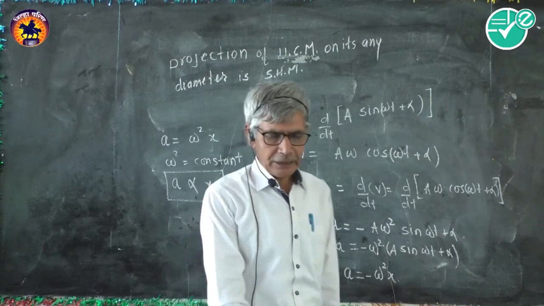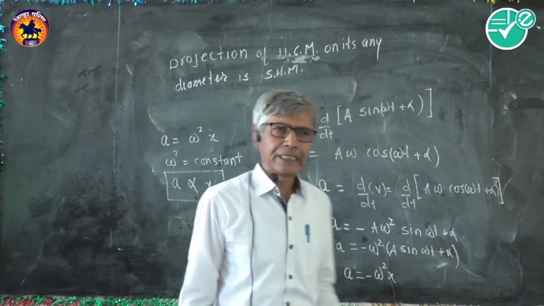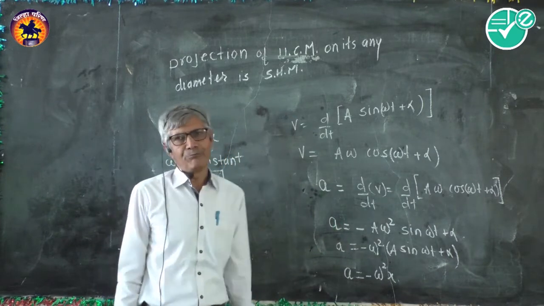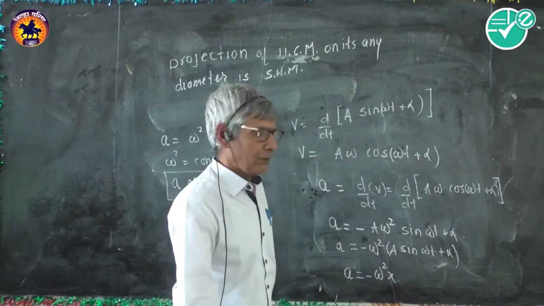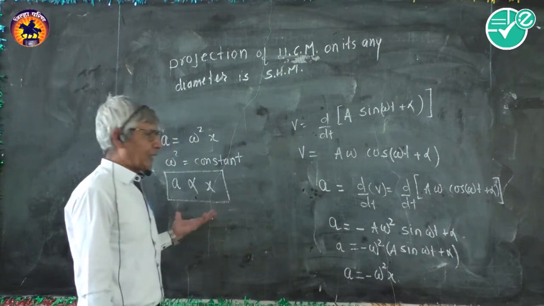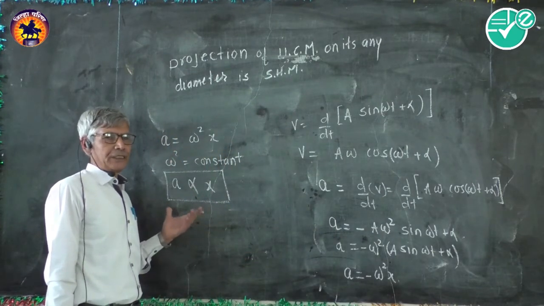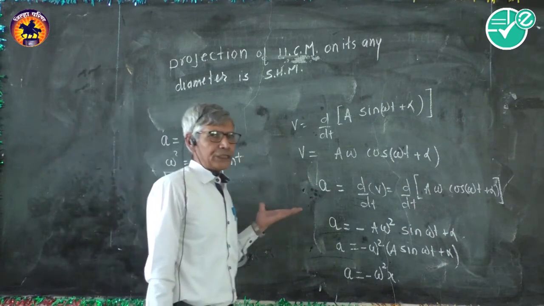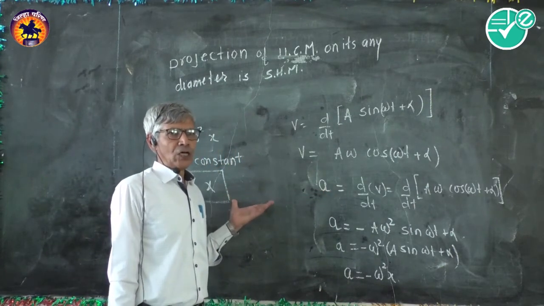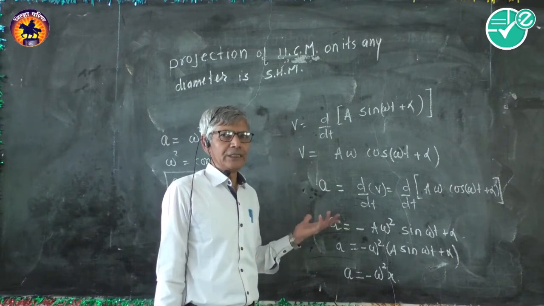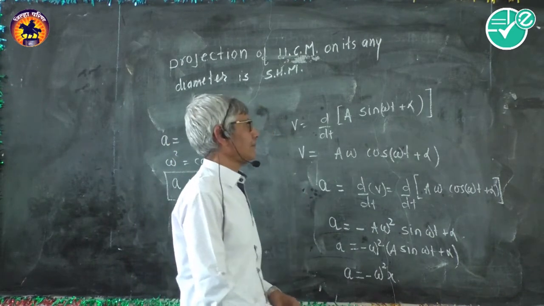That is, the instantaneous linear acceleration is always directed towards the mean position, because the displacement is always measured away from the mean position. So from this we can conclude that the projection performs simple harmonic motion. In other words, the projection of uniform circular motion on its diameter is always simple harmonic motion.